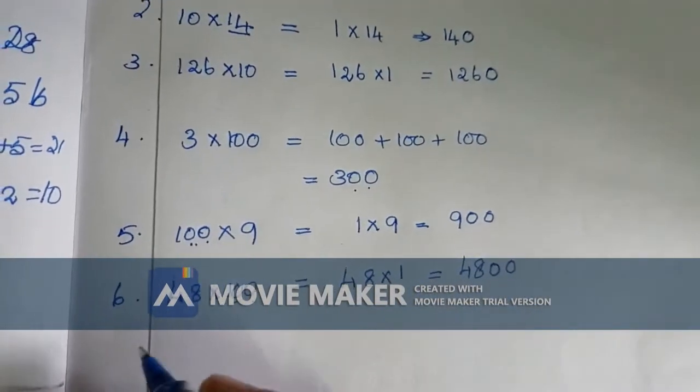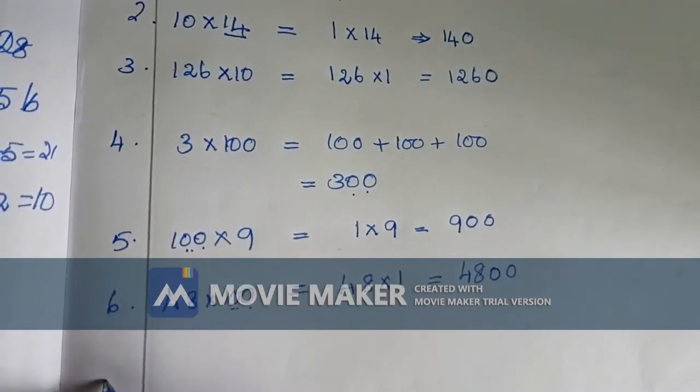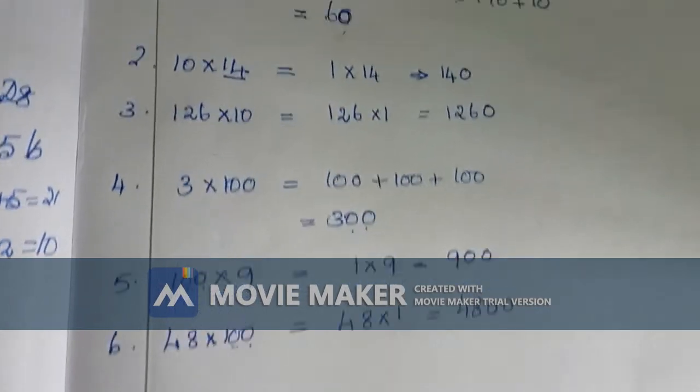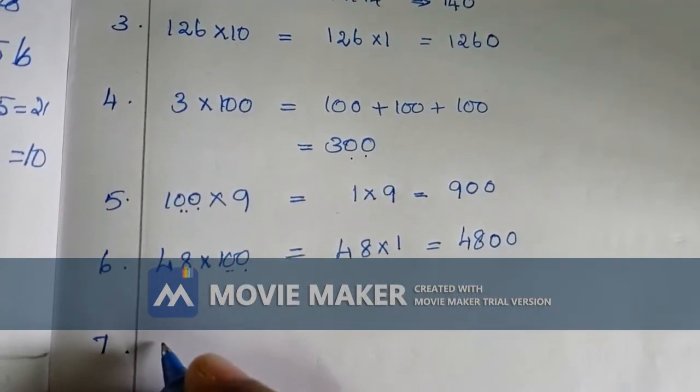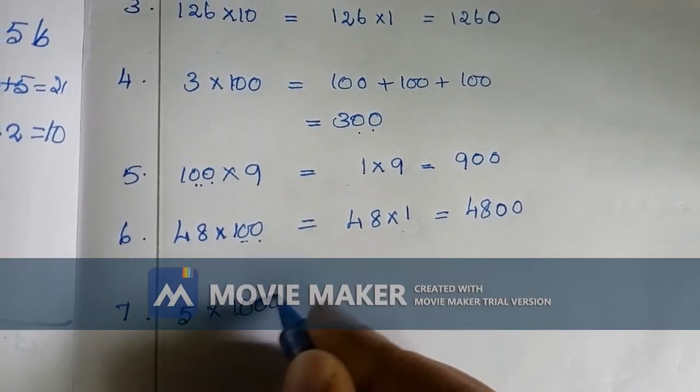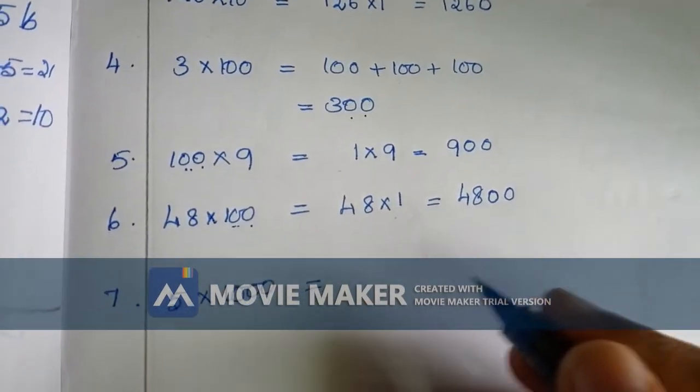Now let us see multiplication by 1000. Look at this example. 5 multiplied by 1000. What is the meaning of this?